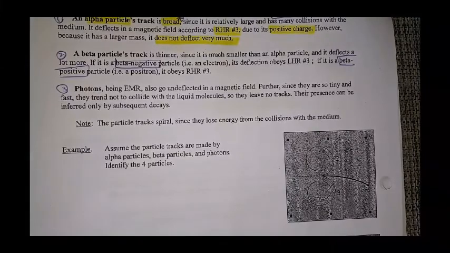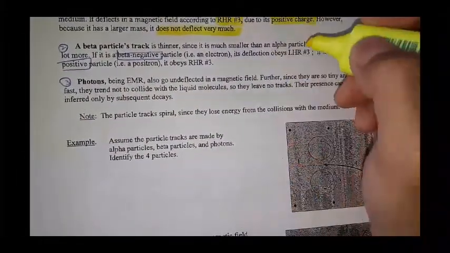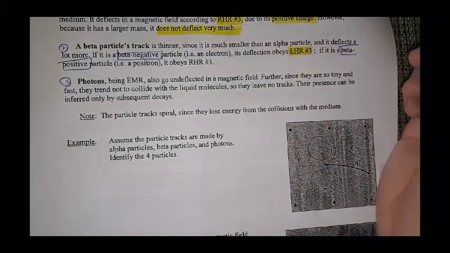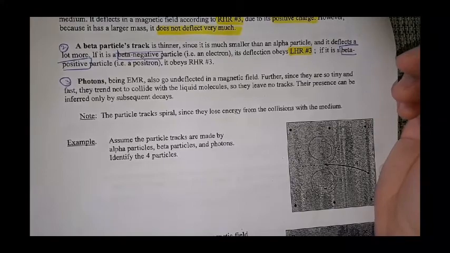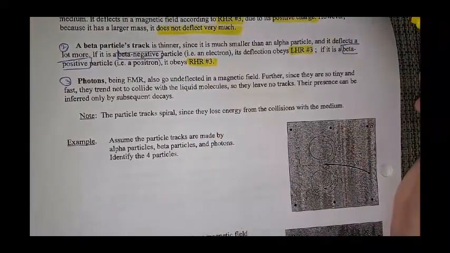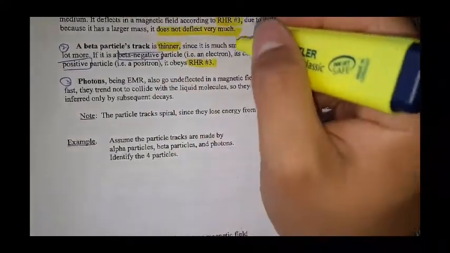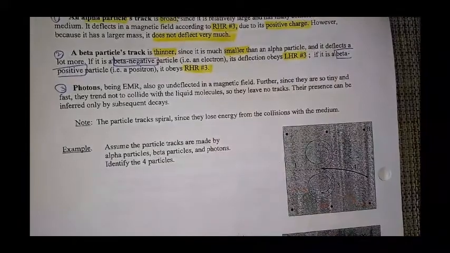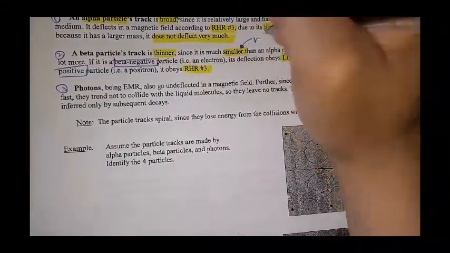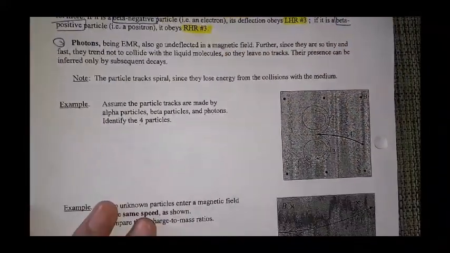So if we're talking about any type of beta negative as a particle, then left hand rule, and beta negative, left hand rule, beta positive, right hand rule. And when it comes to a circular motion, it's relatively thin type of circle and it has a smaller radius. What I want to point that out.